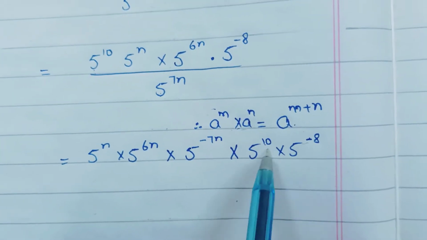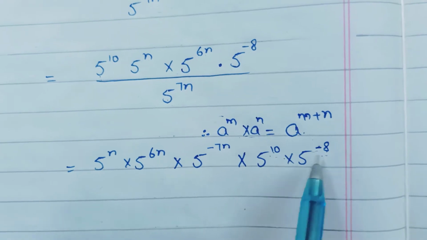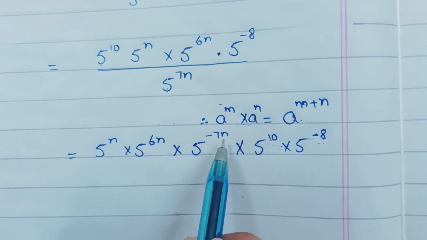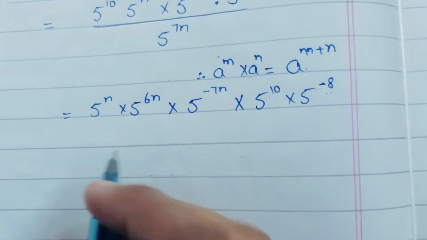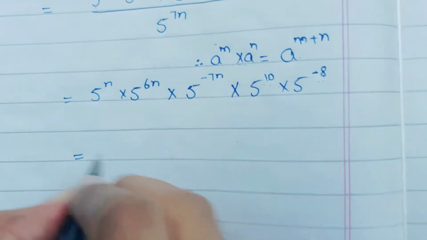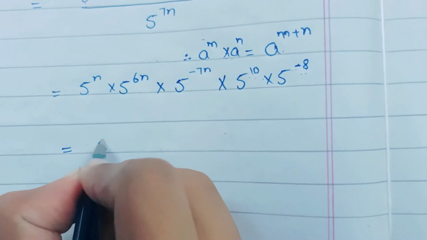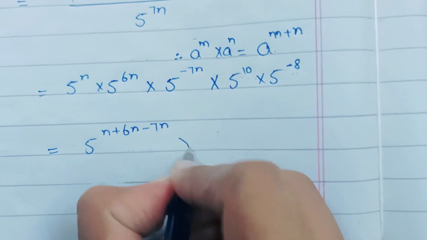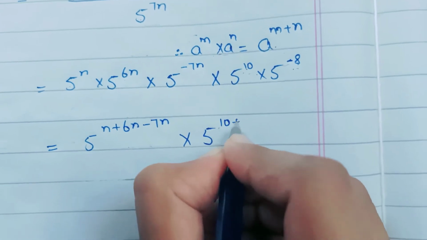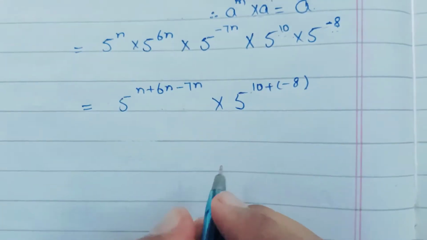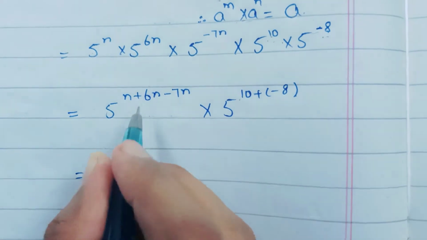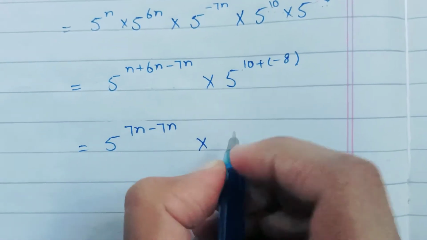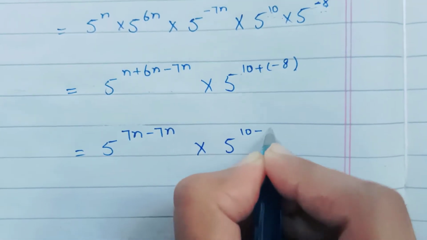These are the exponents that are in the form of number, and these three bases have exponents in the form of variable. So same bases, power will add: n plus 6n minus 7n, multiply by 5 raised to power 10 plus minus 8, like this. After this, 5 raised to power 6 plus 1 is 7, 7n minus 7n, multiply by 5 raised to power 10 plus minus minus 8.